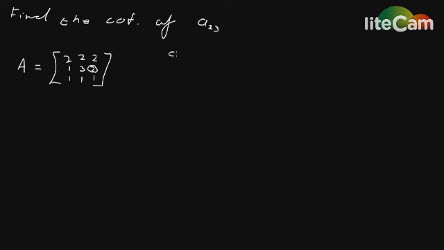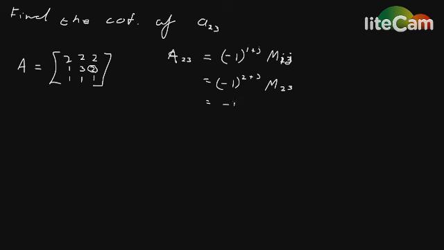And remember that the cofactor, which is denoted by A23, is equal to negative 1 to the i plus j times the minor i j, which is equal to negative 1 to the 2 plus 3 times the minor 2, 3.